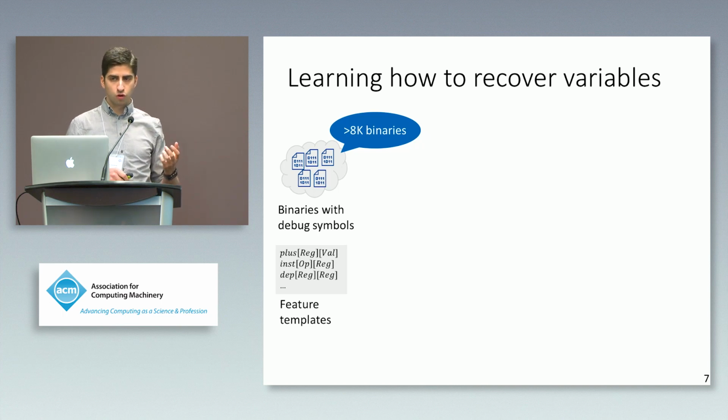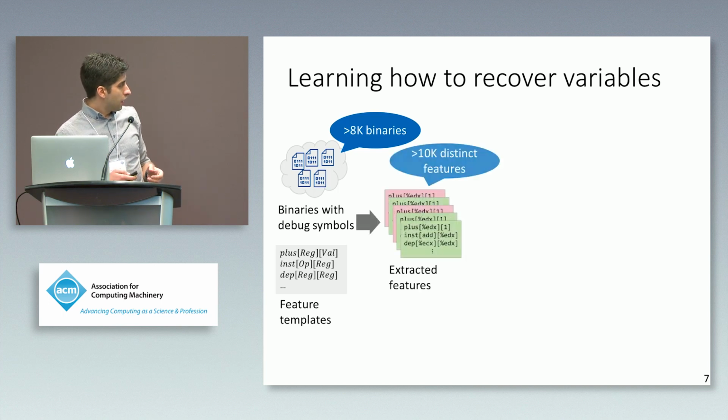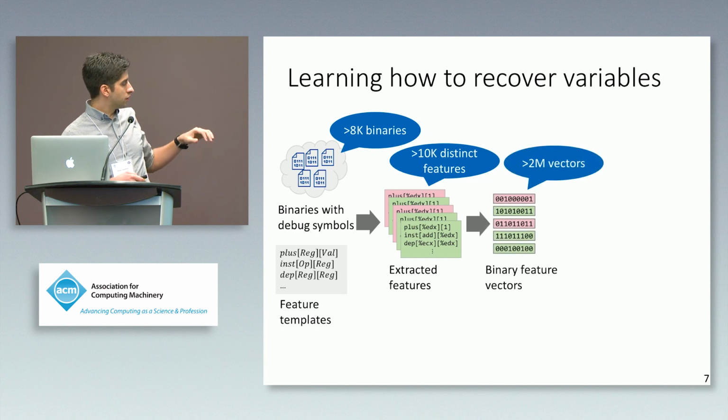So things like what operations are invoked on them, what other registers depend on them, and so on. Then, based on this, it would analyze the binaries and extract different features based on the templates using the binaries with debug symbols. So in the evaluation, we had over 10,000 such distinct features.